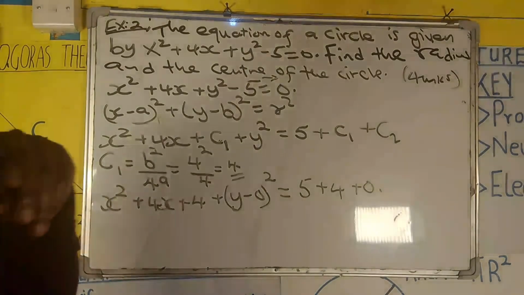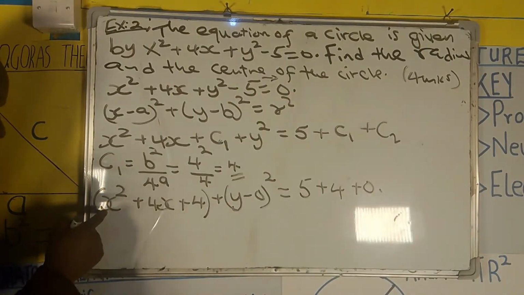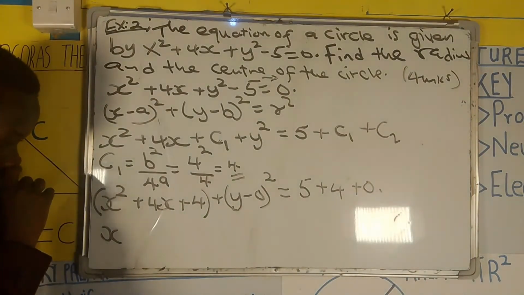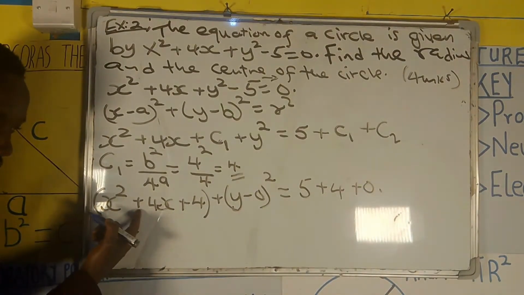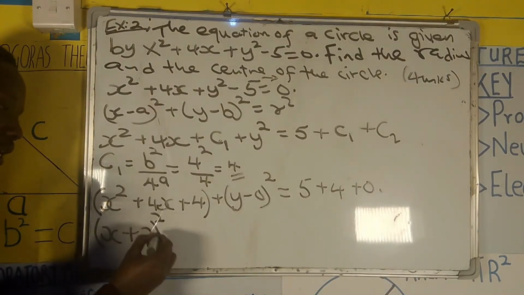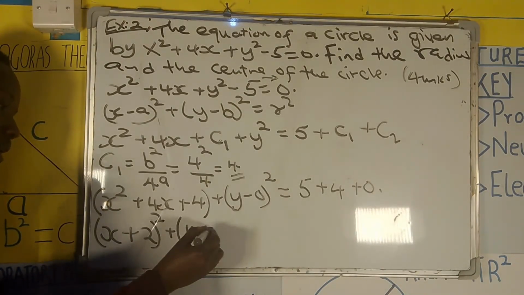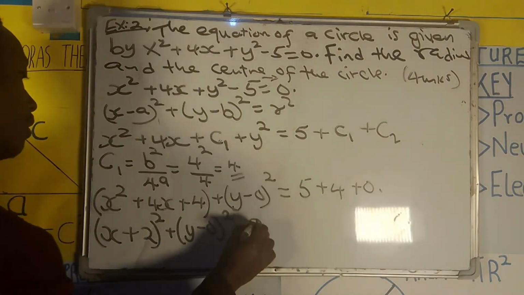So now factorize this, it is a perfect square. We said it will be x, the square root of x squared is x, then plus sign, and the square root of 4 is 2, squared, plus y minus 0 squared is equal to 9.